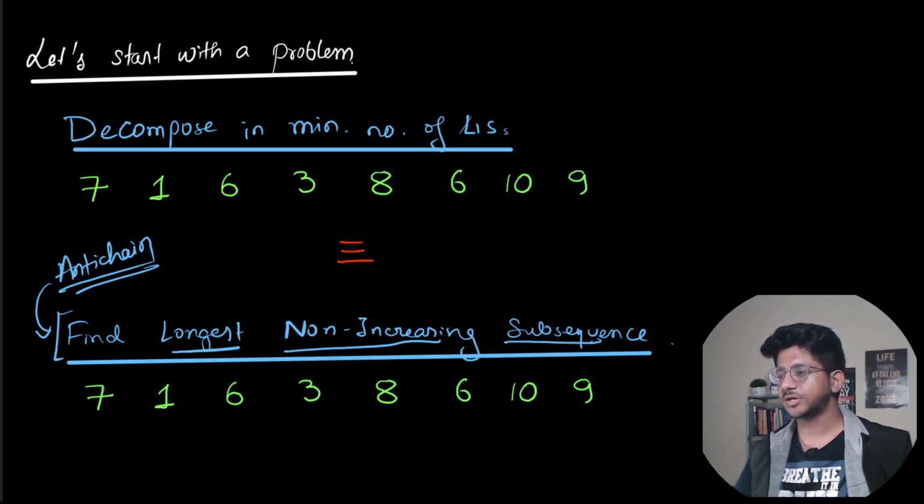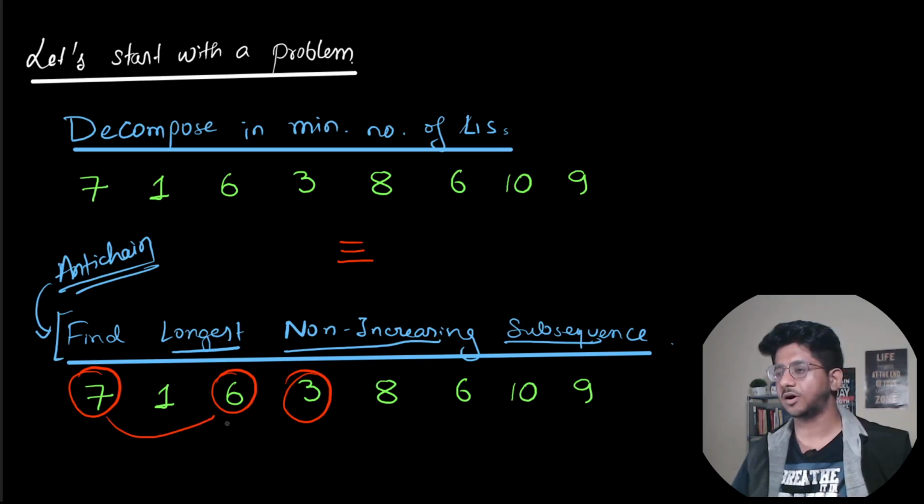Let's try to find that. I see this is 1, and then this is there, these 3. The longest that you can make is these 3.